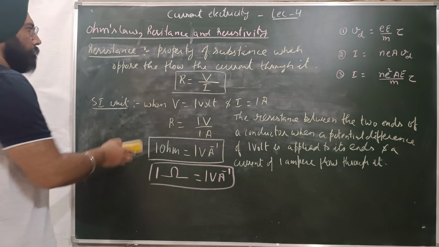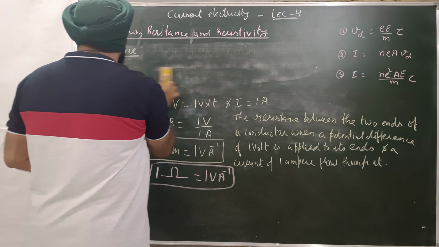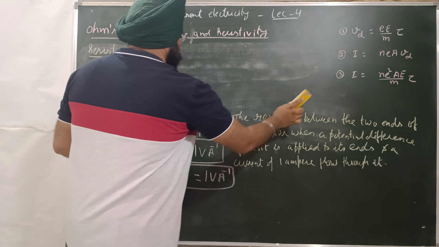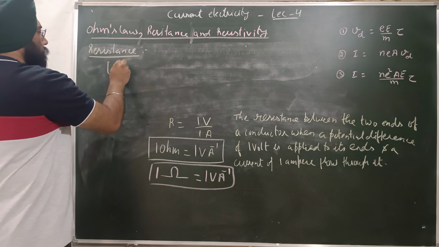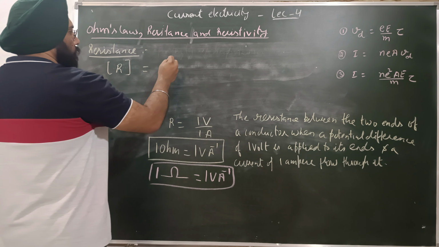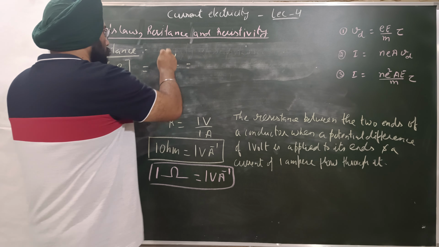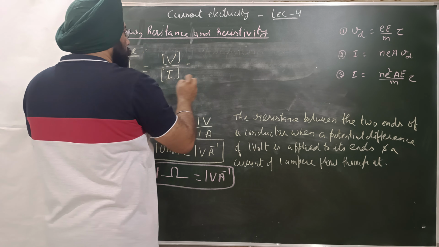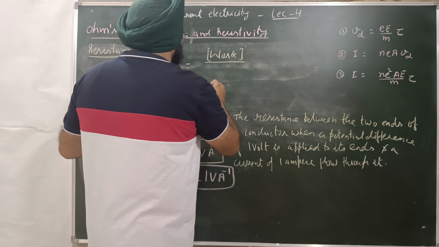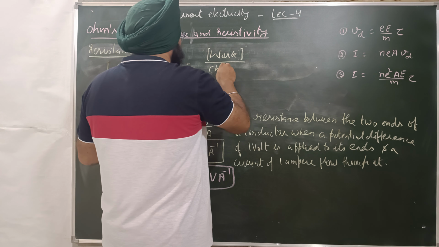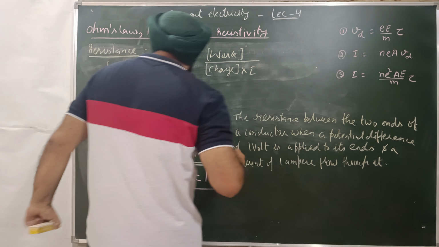Next is its dimensions. So dimensions of R. We already know that this is equal to V over I. V stands for work per unit charge, multiplied by I. I stands for current.